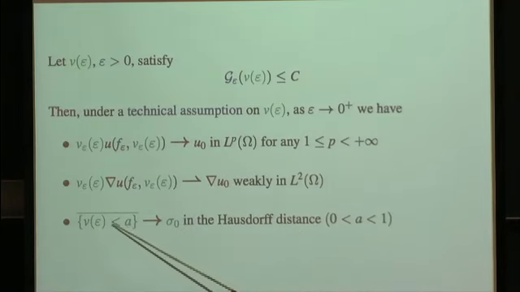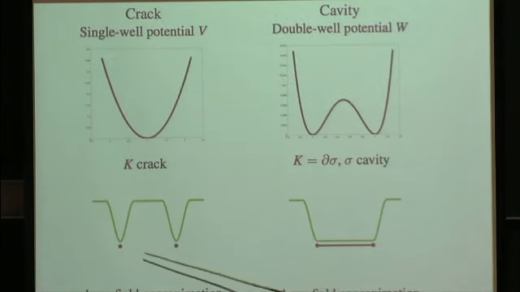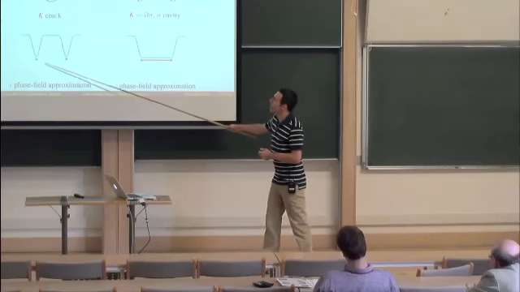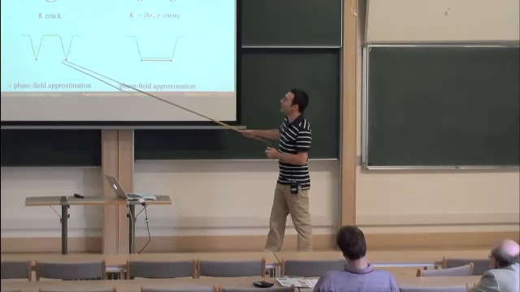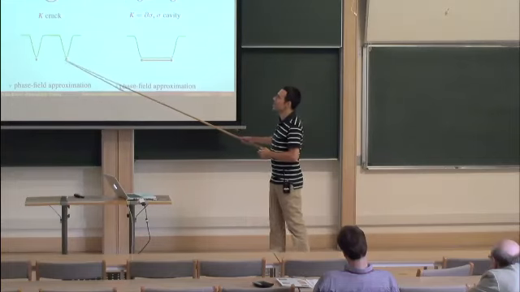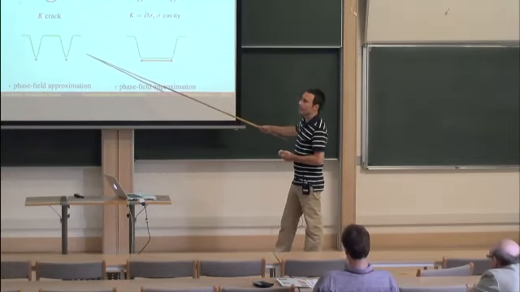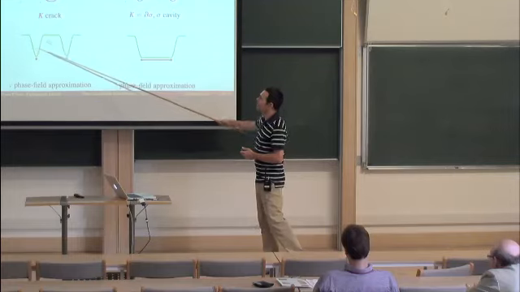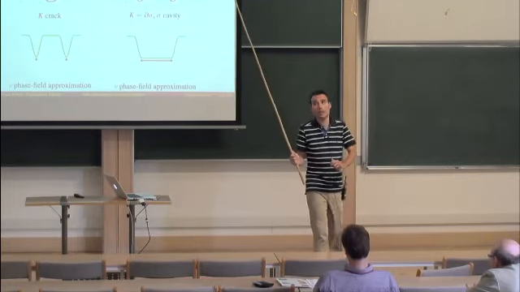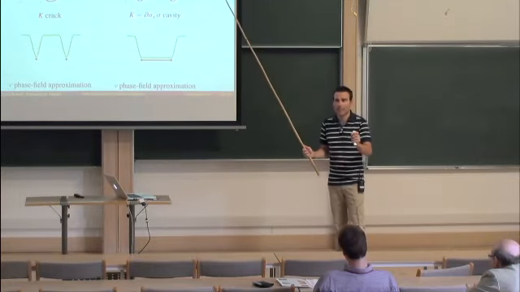The idea is that this method allows you to easily identify where the defects are, because you just threshold your phase field, and when the phase field is below a certain threshold, this is where something is happening.